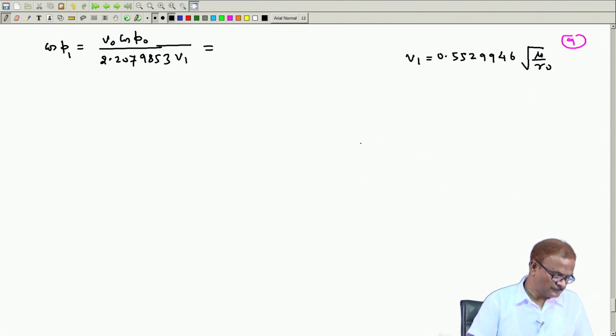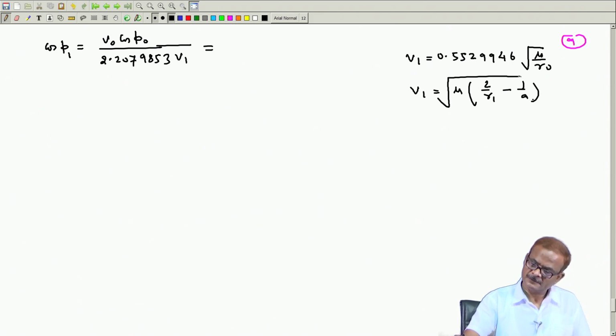This we have worked out, and how did we get it? We have used this equation. As I told you, this problem is a bit lengthy, and with patience if we work, we will be able to do it. So this can be written by replacing R 1.